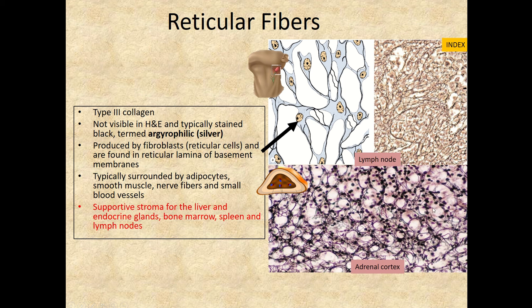And then this is a gland here. It's an adrenal gland, and the reticular fibers are suspending all of these cells that are making products so that the products can be absorbed into the bloodstream and go to their final destinations.